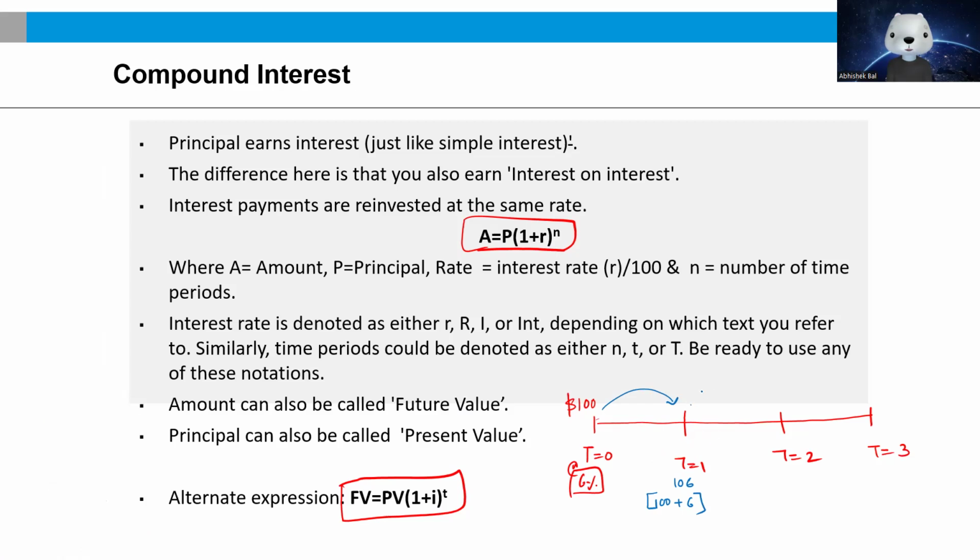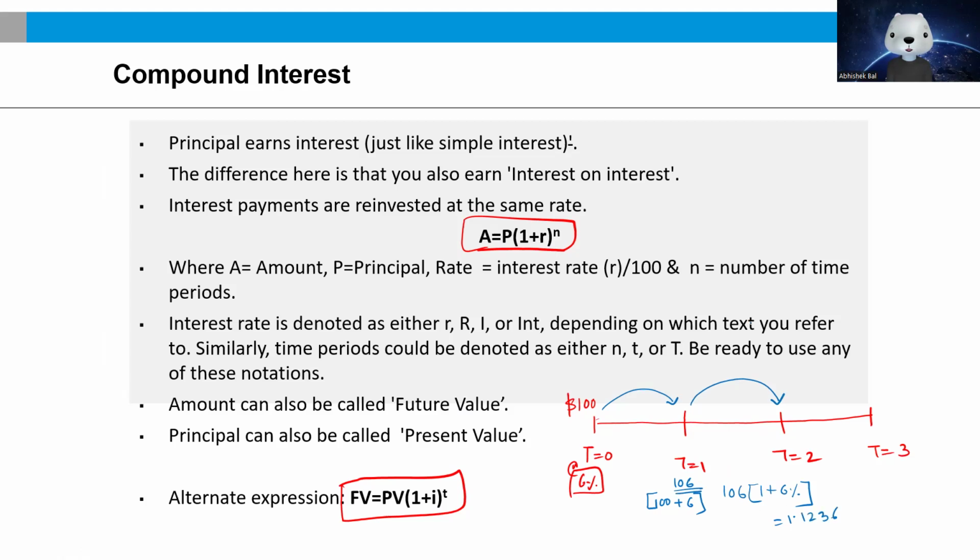Now, when we come to year number 2, of course, what would have happened is that now you have got a new base or a new principal. This, when compounded at the rate of 6% for one more year, would mean that you have 106 multiplied by 1 plus 6%, which will yield you 1.1236.